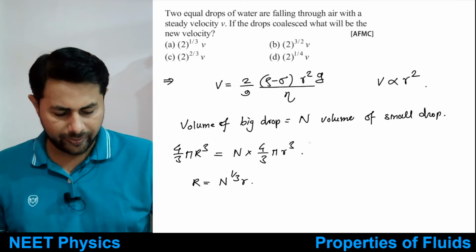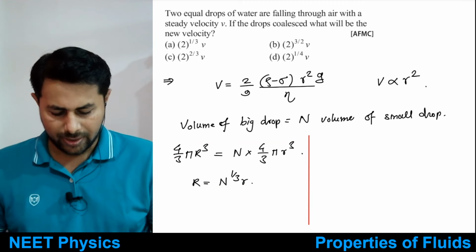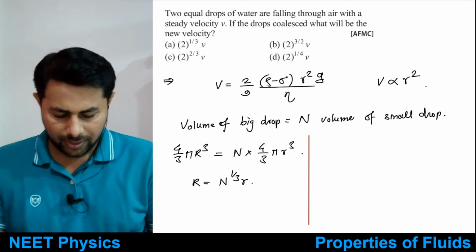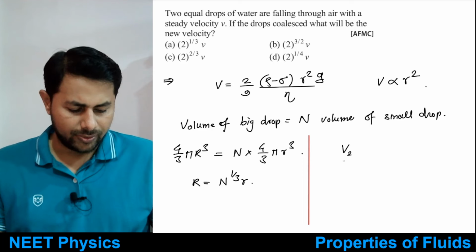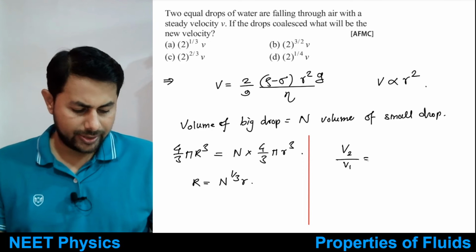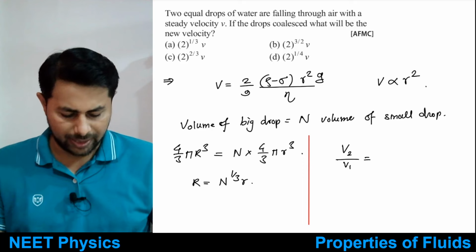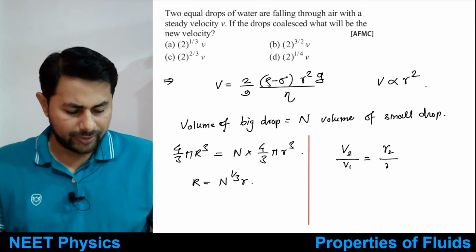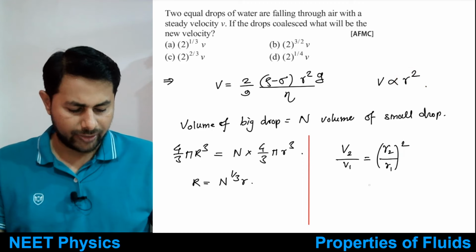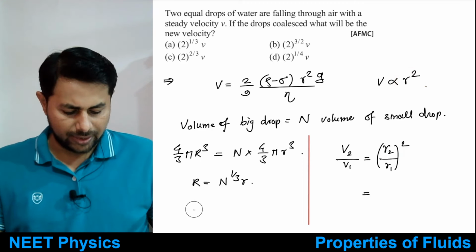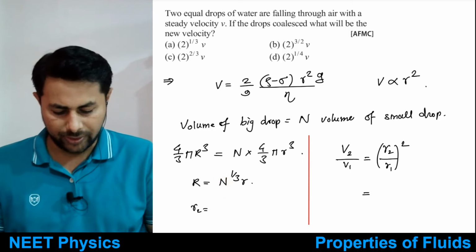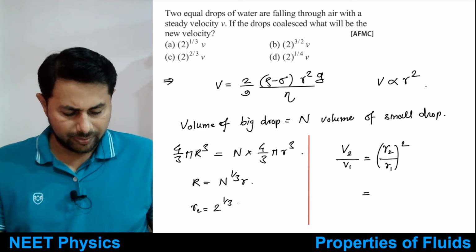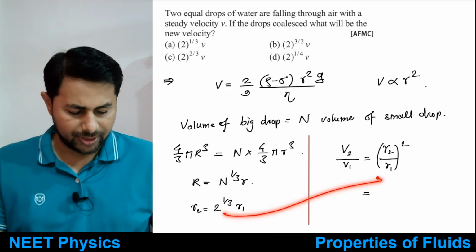Then what do we have? Let's say V2 by V1 would be equal to what? Because V is directly proportional to R square, so it is (R2 by R1) square. And what is R2? What's our n? n is 2. So R2 is 2 raised to 1 by 3 multiplied by R1. Just substitute that here.